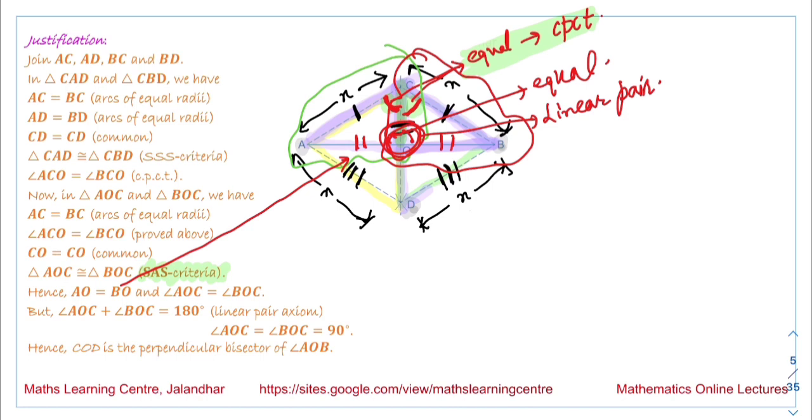Linear pair means their sum is 180 degrees. So individually these angles are 90 degrees. So we are saying that this line CD is the perpendicular bisector of AB.